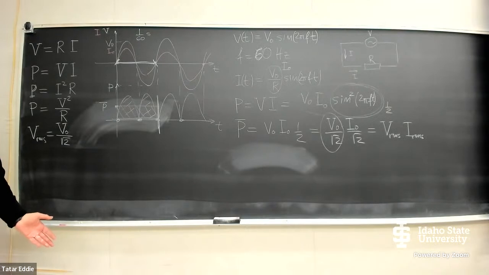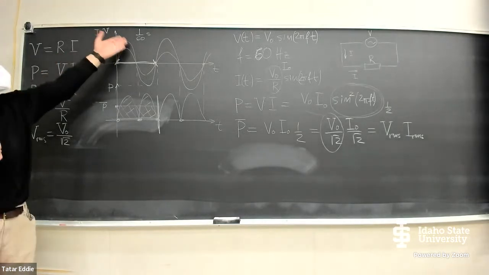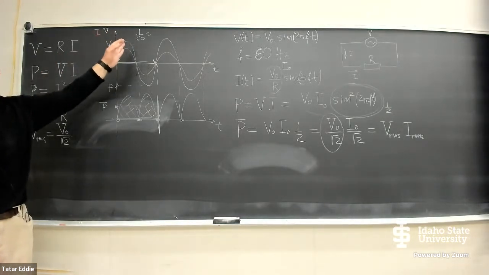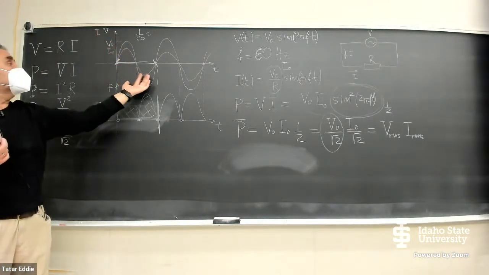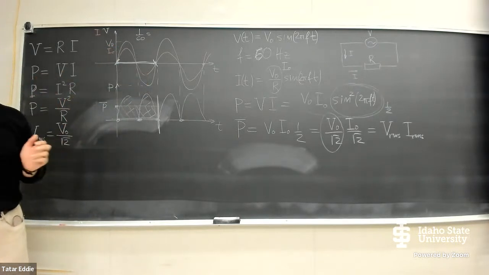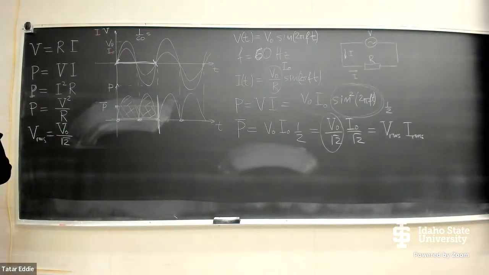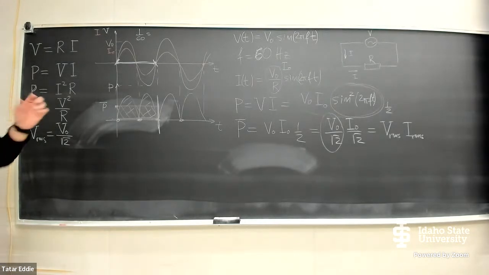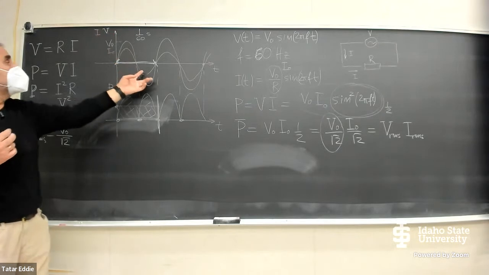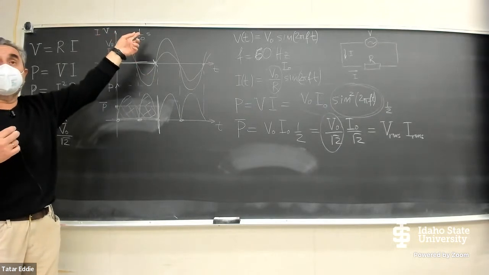And this 0 doesn't tell you anything useful. So in order to find the average of this voltage, you somehow have to get rid of these negative values of the voltage, and you get rid of the negative by squaring the voltage. So if you square the voltage, the negative becomes positive, right?